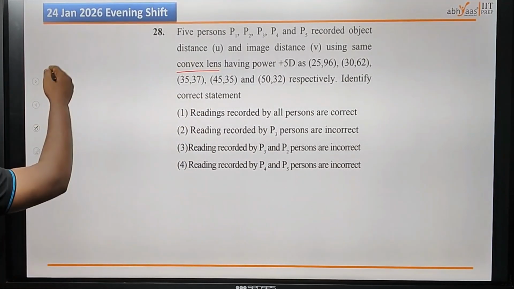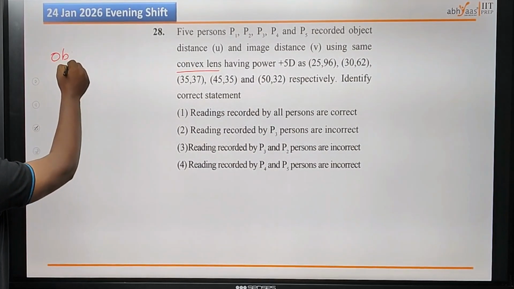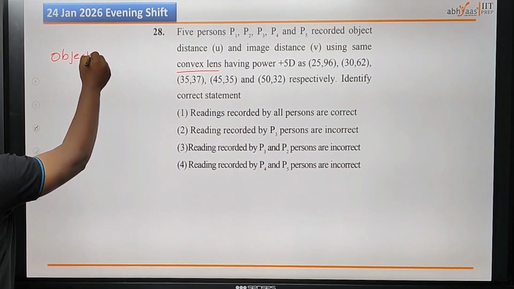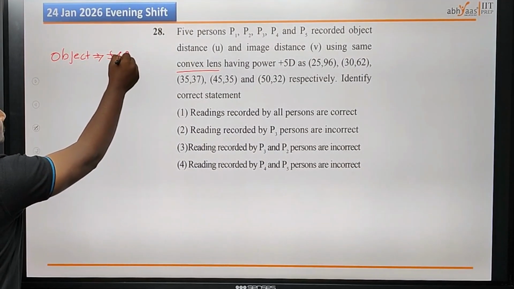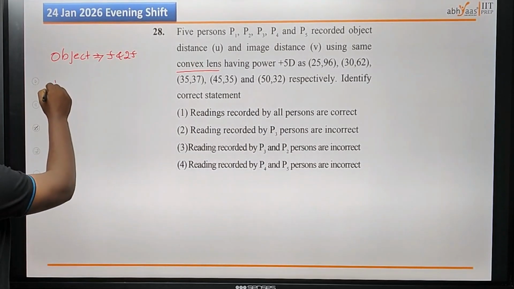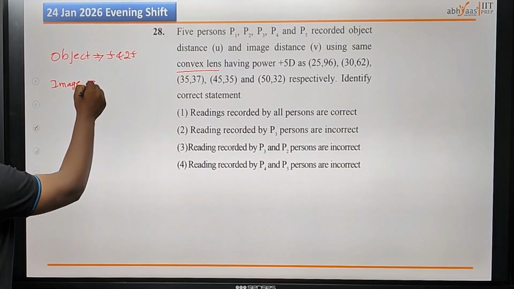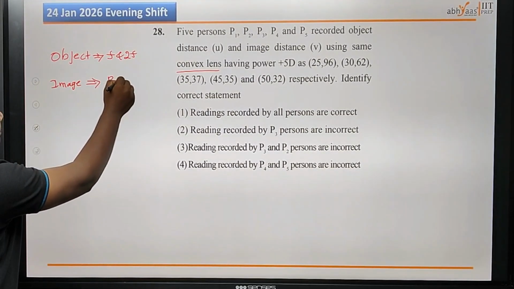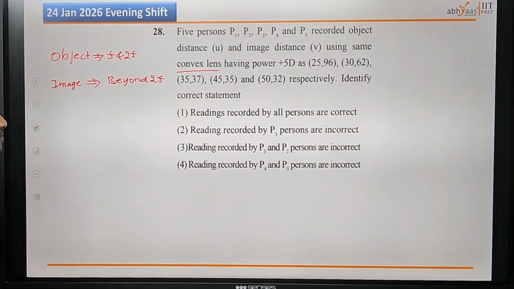We know that when an object is placed between F and 2F, the image is formed beyond 2F. Remember this. This is case 1.